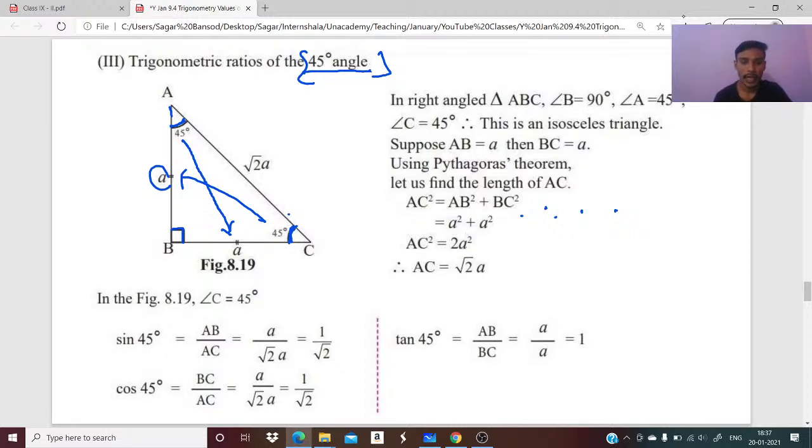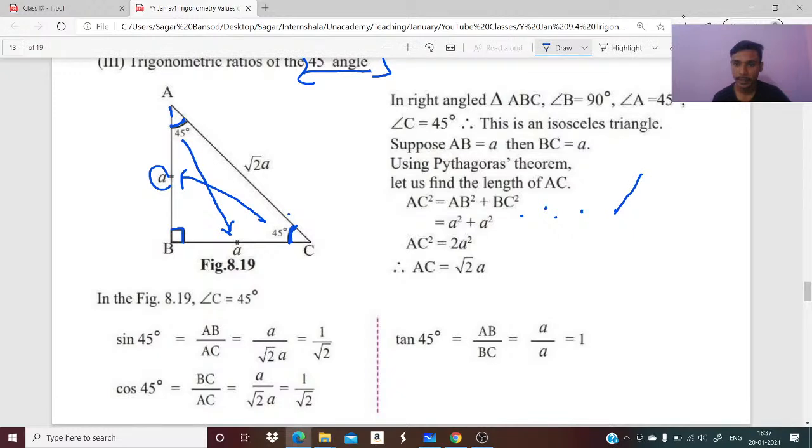So you have a theorem in your triangles chapter. I hope that you have learned it. Suppose you have an isosceles triangle with vertices A, B and C. If these two sides are the same, that is AB is equal to AC, then these angles are also equal.